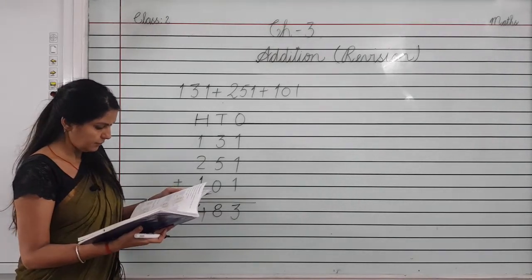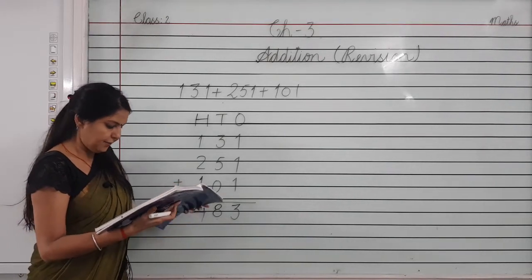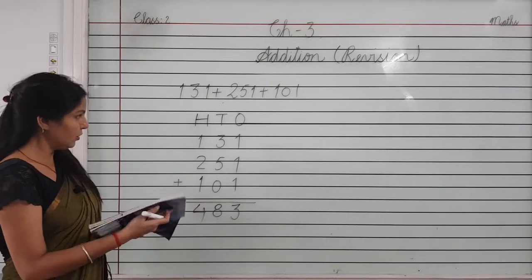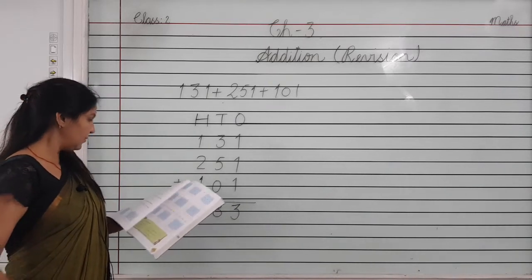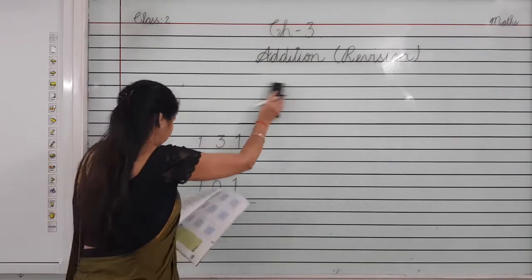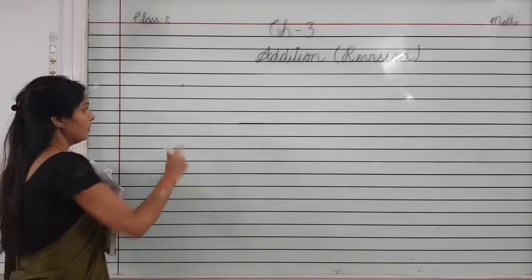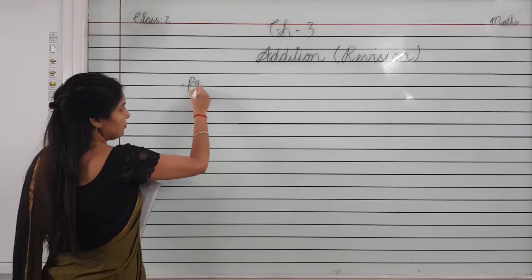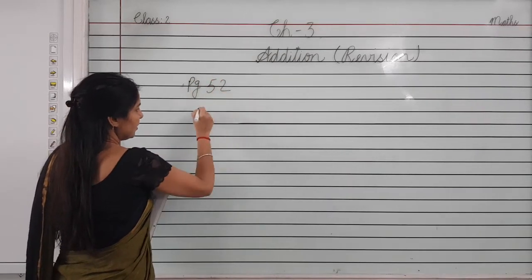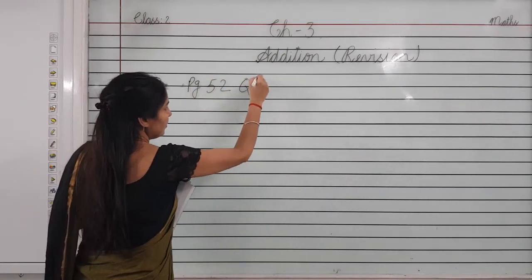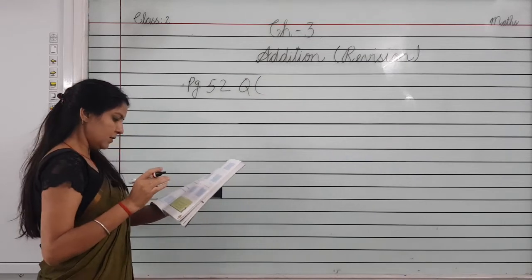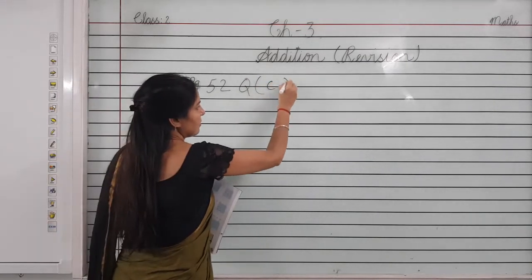Now let us take one more question from the book. This is question number 4 and page number 52. Page 52, question number 4. We will see C part of this.